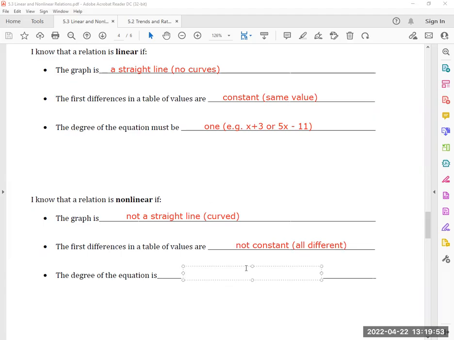The degree of the equation then is not 1. Well, yeah, it can actually go both ways. It could be more than 1. It could even be less than 1, actually. It could be like an x to the power of -1, but that is not linear.